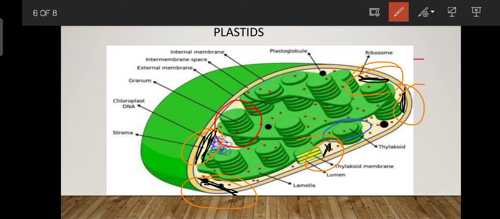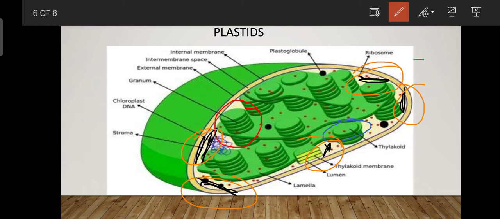In the granum part, light reaction takes place, means photosynthesis process takes place. So a question can be asked: in which part of plastids does the light reaction take place? You will write granum part. This red colored bundle is known as granum, and in this light reaction takes place.